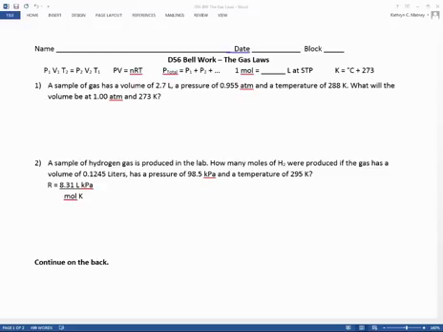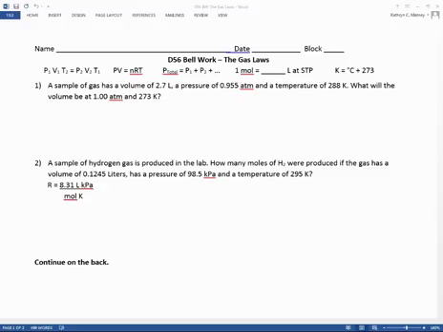I'm not sure why one of them got changed and one of them didn't. What I do here is cancel out the units in my R. So the kPa go away, the K's go away, the L's go away. Oh, you forgot to tell me to circle my L up there, right?